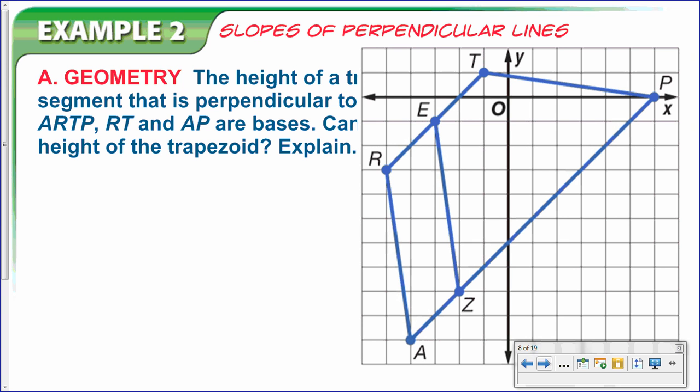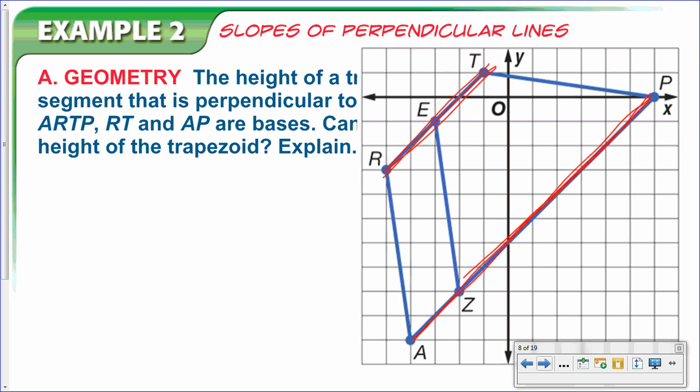Can it be used to measure the height? If it's the height, it has to be what? Perpendicular, doesn't it? Okay, so it's EZ perpendicular. Where the base is at? You got one base here, right? And then you have one base here, don't you?